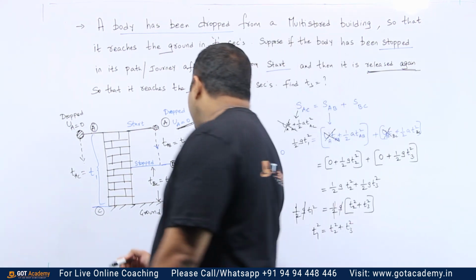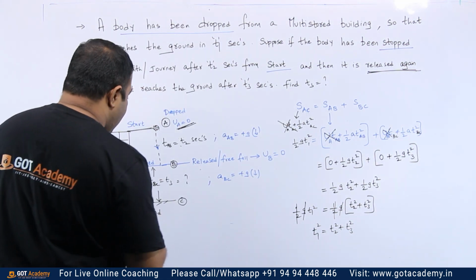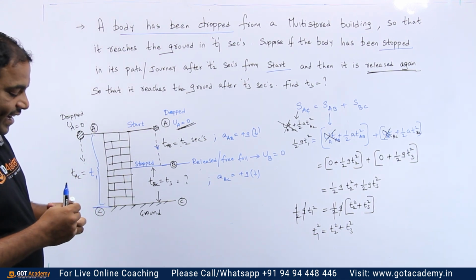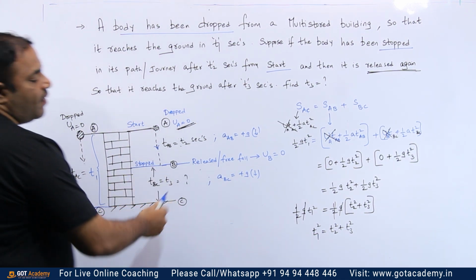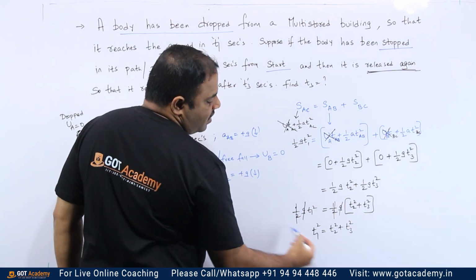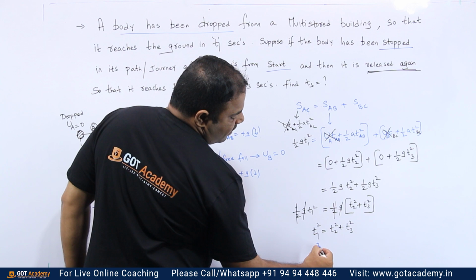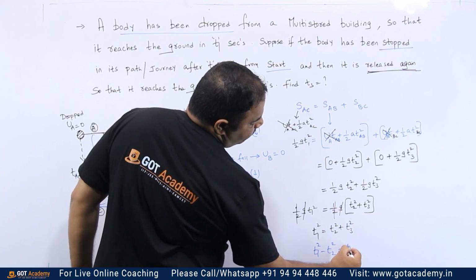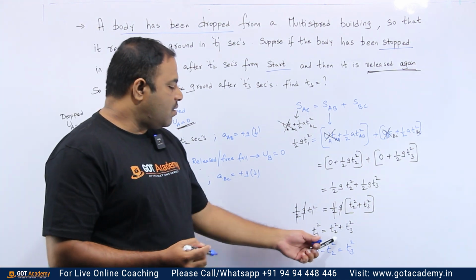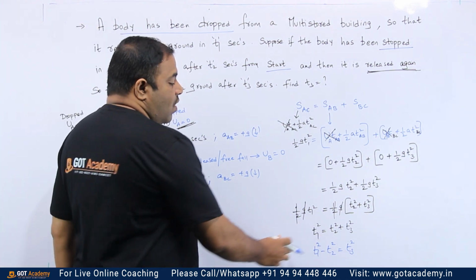Our interest is that we have to find out this T3. T3 is nothing but the time taken from B to C. So what I could do is just move this to this side. So T1 square minus T2 square is equal to T3 square. You just move this T2 to the other side. So from this, what is T3?